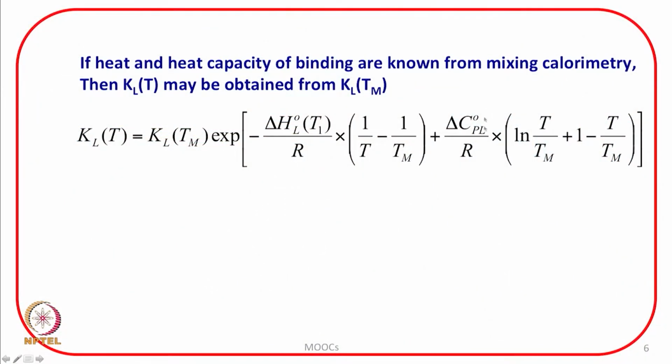So, if we can determine delta HL from mixing calorimetry, and delta Cp can obviously be obtained if you determine the temperature dependence of delta HL, then we can fix it over here.